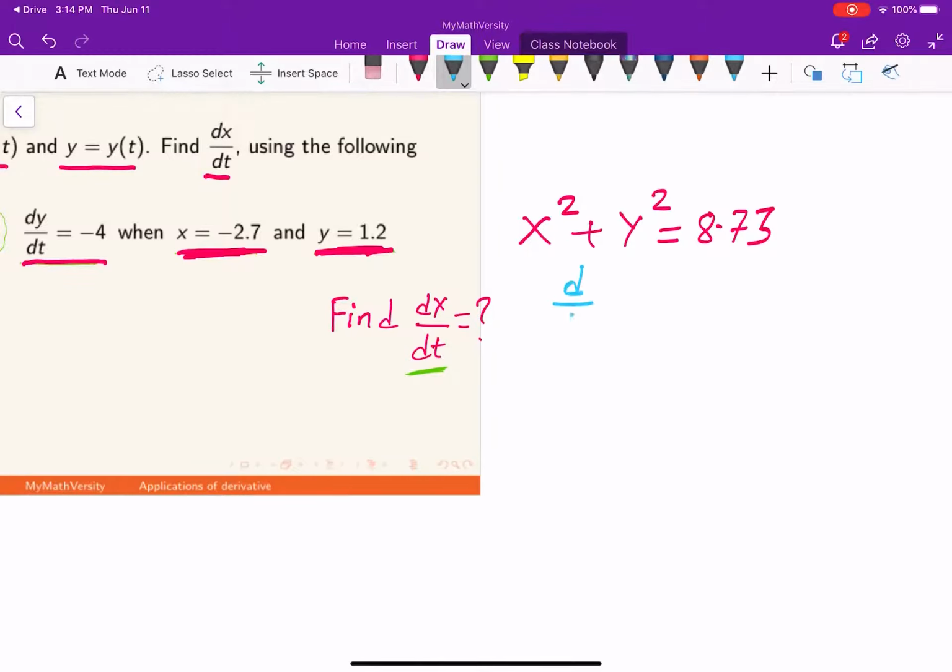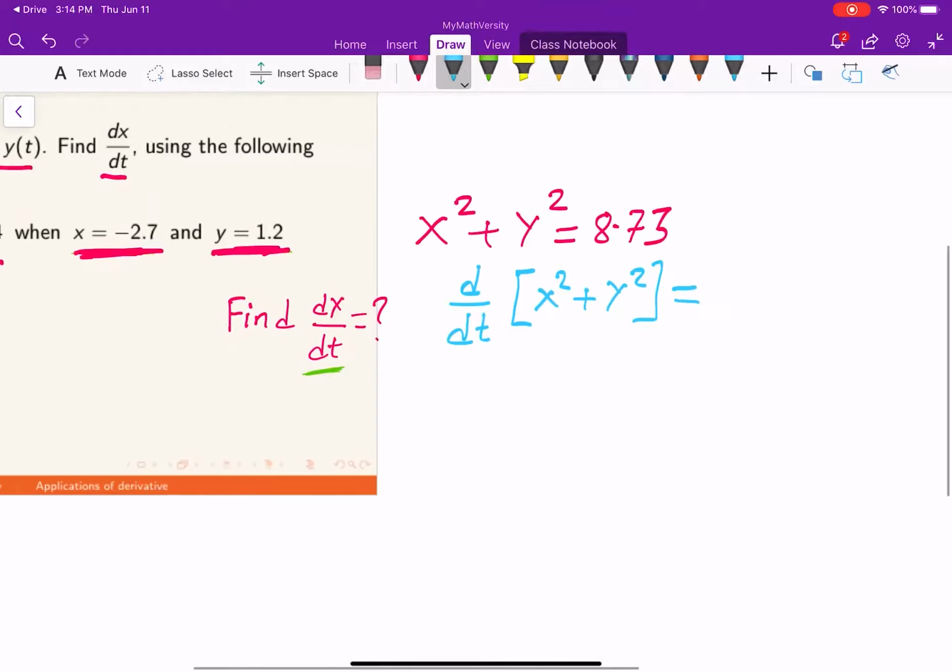That means let's differentiate x squared plus y squared with respect to t on the left hand side. Let's do the same thing on the right hand side. Let's differentiate 8.73 with respect to t. On the right hand side, since we have a constant, the derivative of the constant with respect to t will be 0.